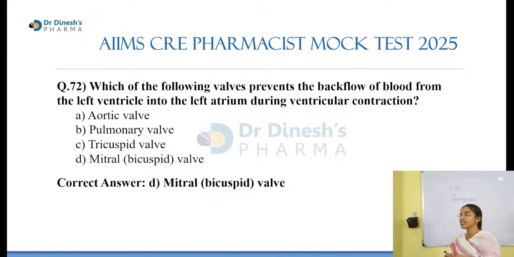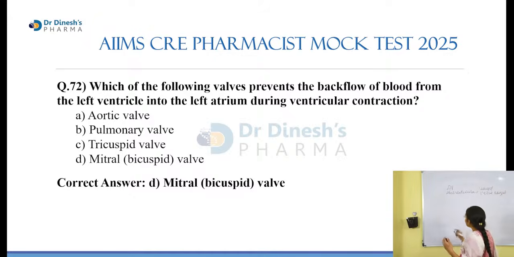We have 4 valves in our heart. They belong to 2 different categories. One is the AV valves, the atrioventricular valves, which are the tricuspid valve and the mitral valve, or bicuspid valve.